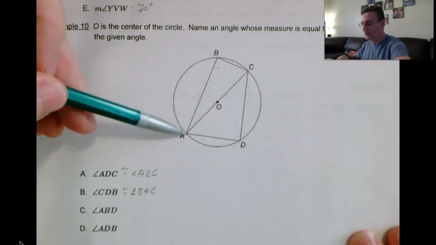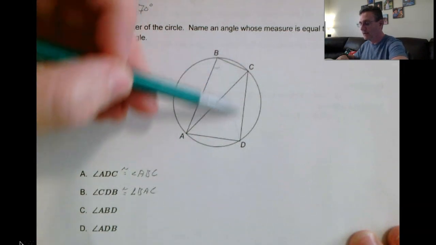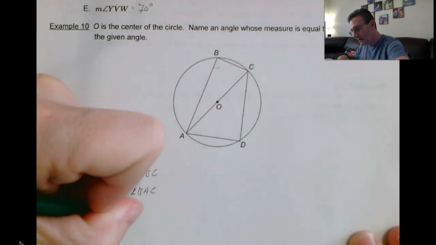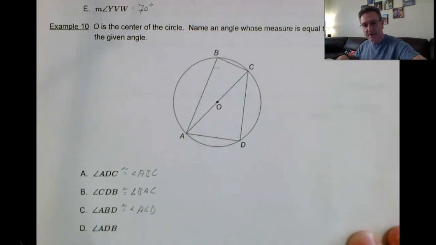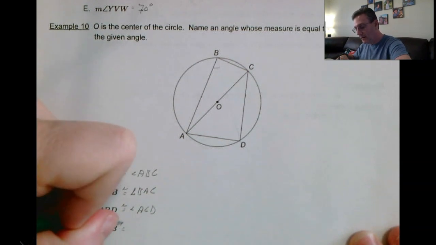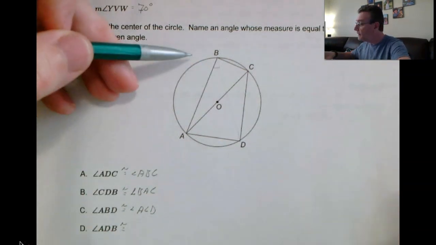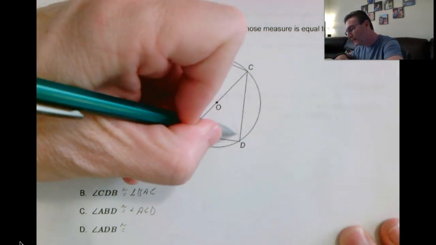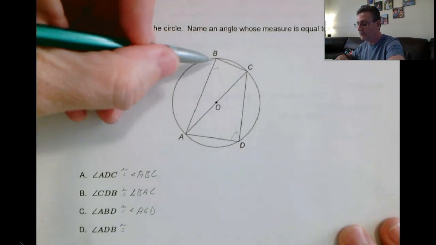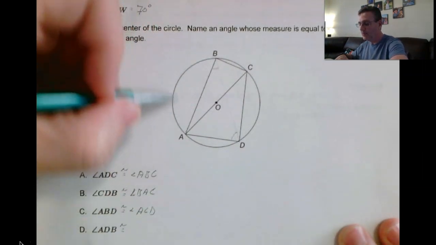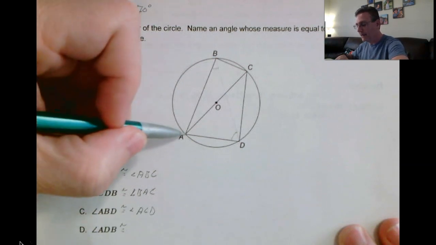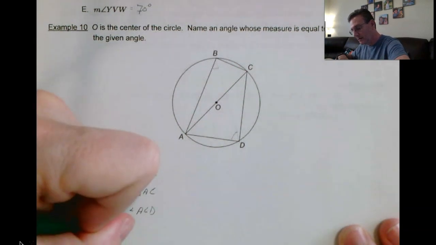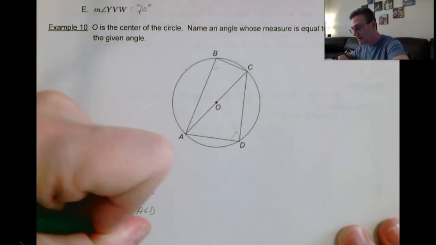And that's congruent because it intercepts this arc. It's congruent to angle ACD. And angle ADB, this one here, intercepts this arc AB. Angle ACB also intercepts arc AB. So angle ACB.